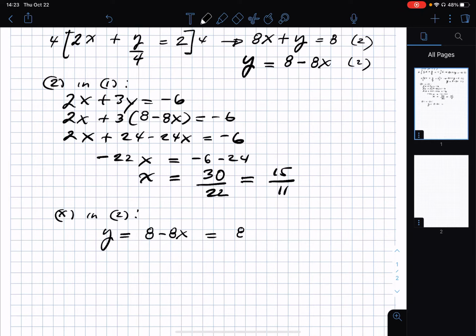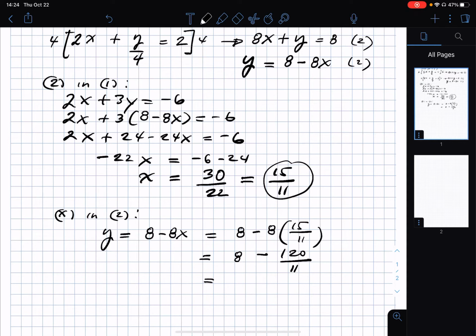Substitute, that will be 8 minus 8 times 15 over 11. That is the value of x as we solved this one. So simplifying terms, this will become 8 minus 120 over 11.